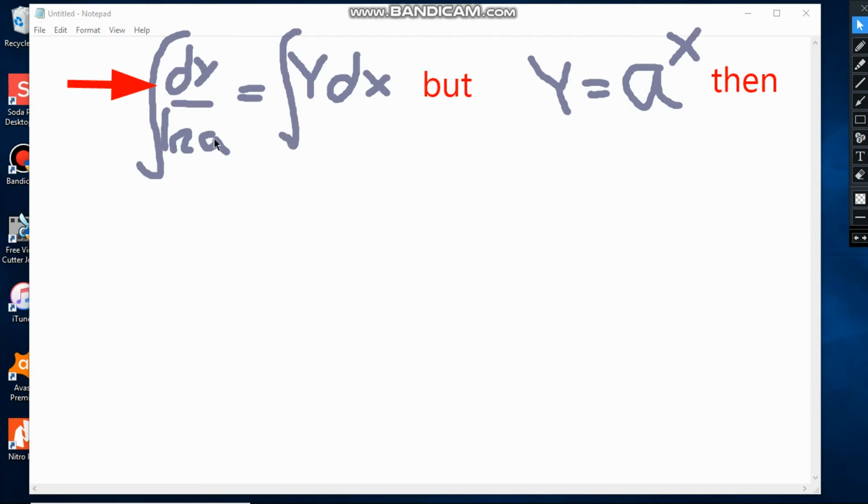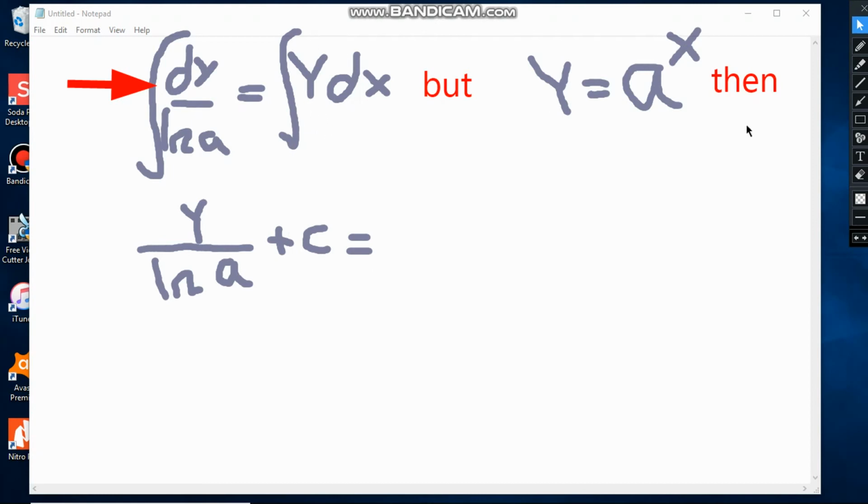We know ln of a is a constant, so we take it out of the integral, and the integral sign will cancel with dy. So what we get is y over ln of a plus constant is equal to integral of y.